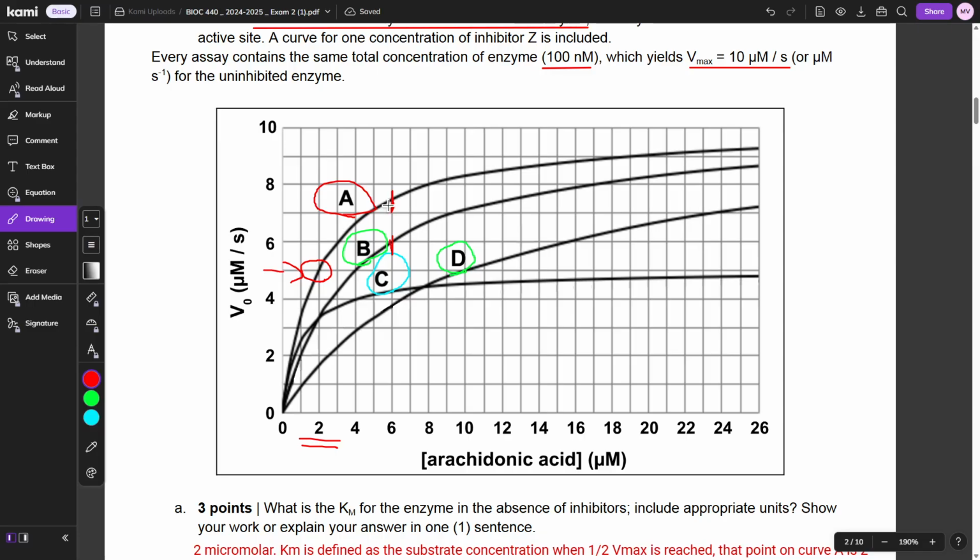And if we've reached a higher proportion of Vmax, generally speaking, we've got more of that enzyme substrate complex forming, as opposed to the competitive case, where we're taking up some of that enzyme with the inhibitor. Does that make sense? This is more of an intuitive question. You can't really math this one out, in my opinion. I'm sure you could in some way, but I think it's easier to think about it in that sense. Does that make sense?